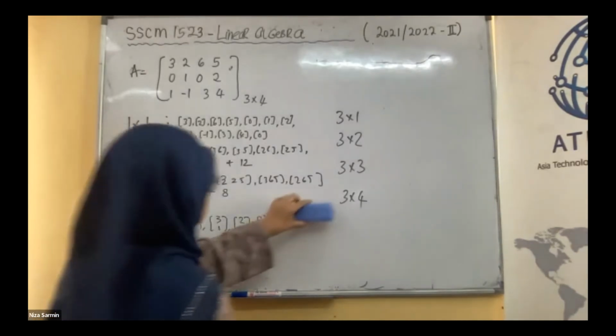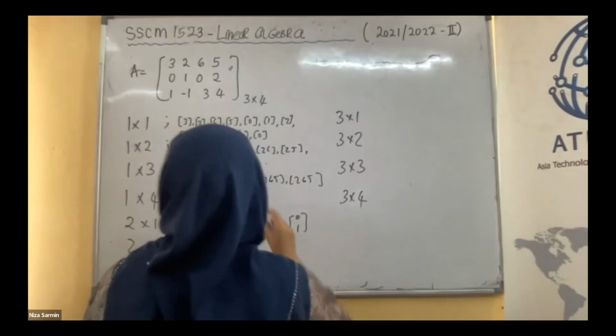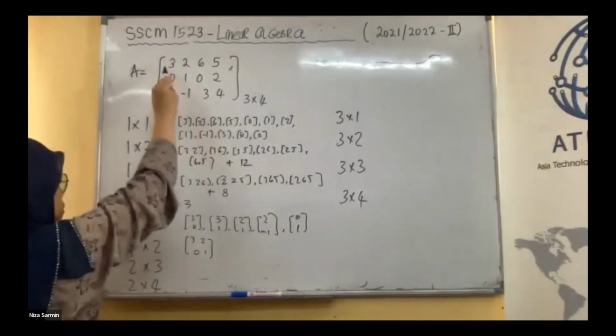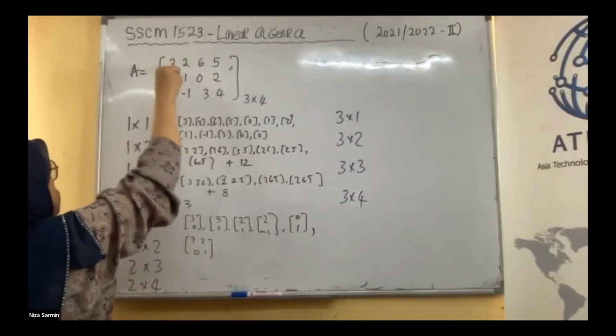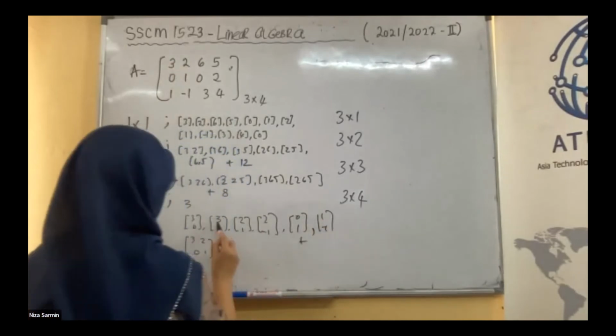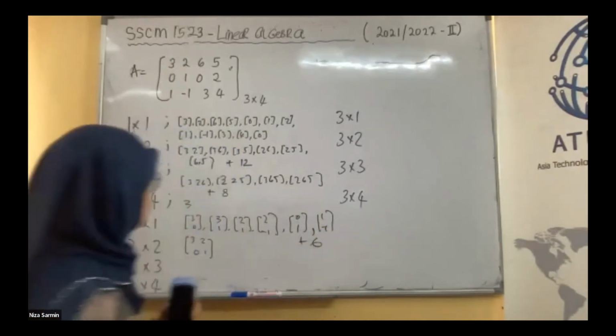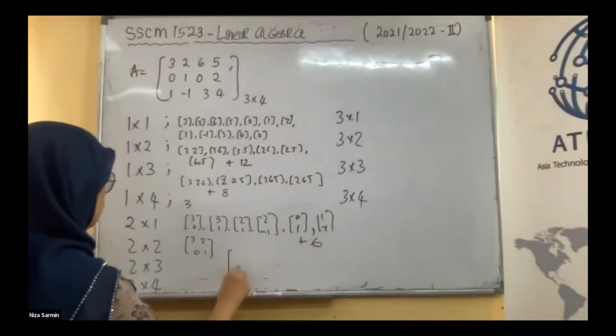Some more. You have also 0, 1, right? 3, 0, 3, 1, 0, 1, 2, 1, 2, negative 1, 1, negative 1. Plus 6 more. And 2 by 2, and then 2 by 3, for example.